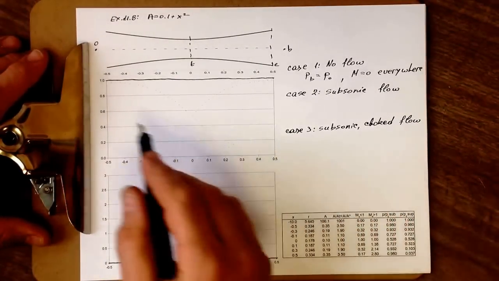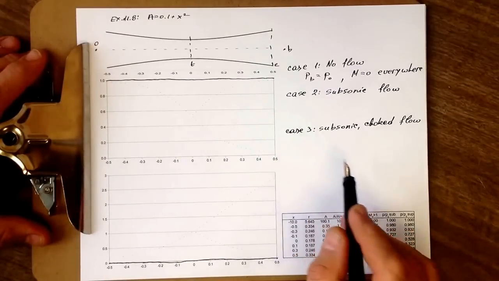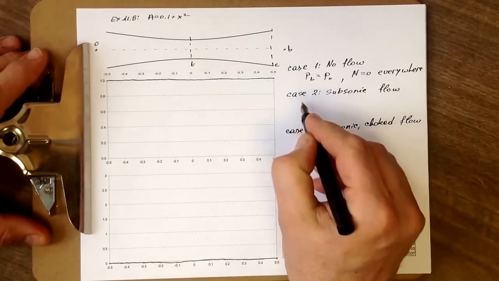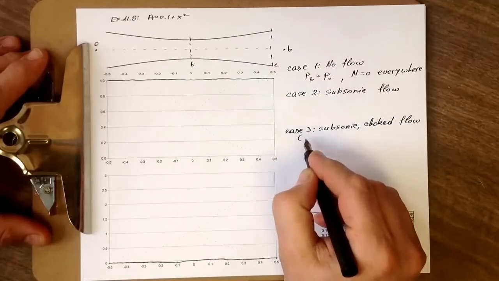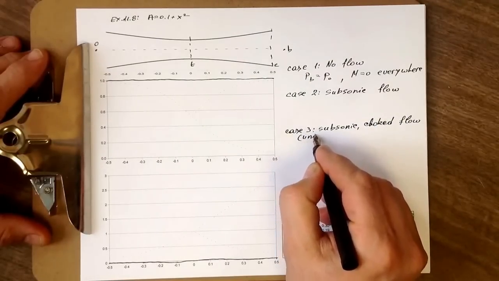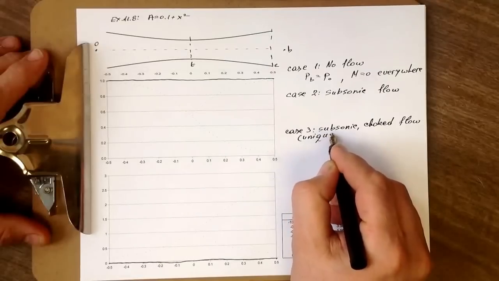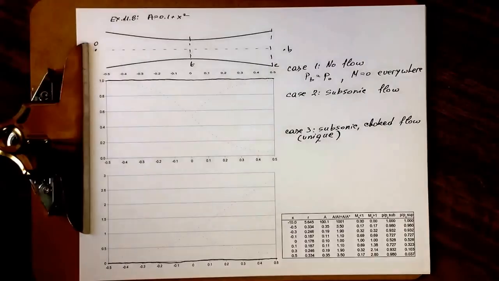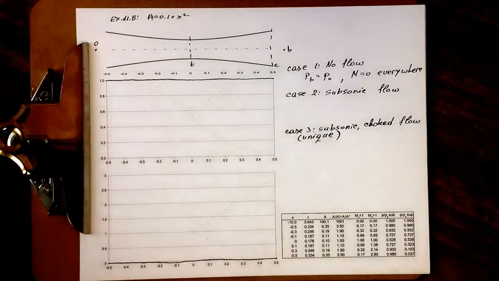Often in cases with nozzles it's easier to deal with some limiting cases, so here we'll say it's unique. In other words, there's only one line that pertains to that condition.